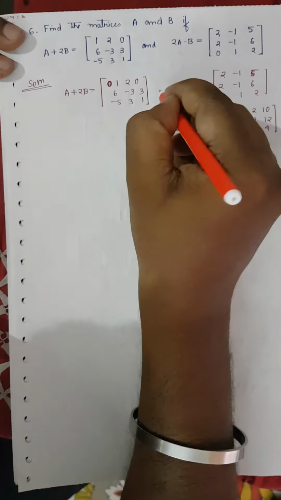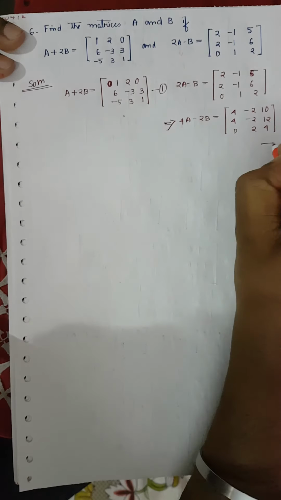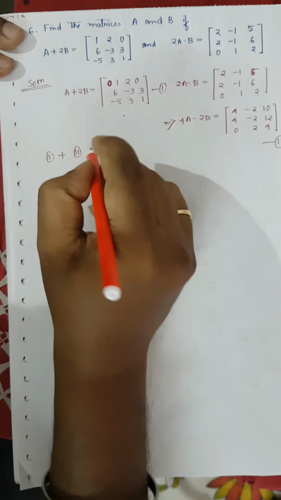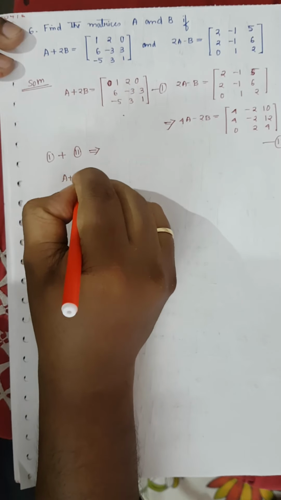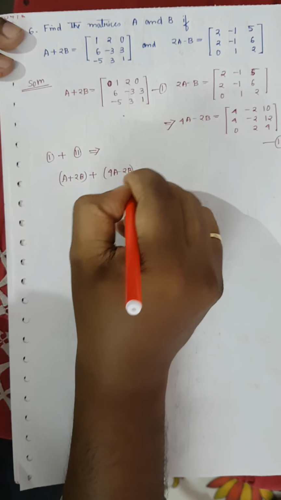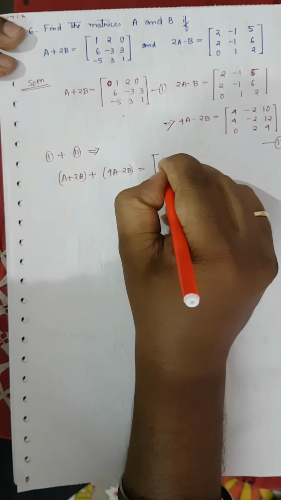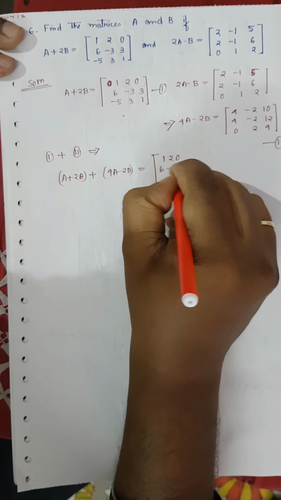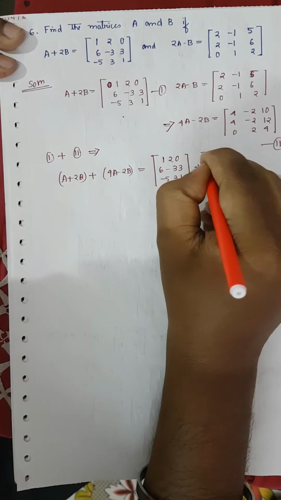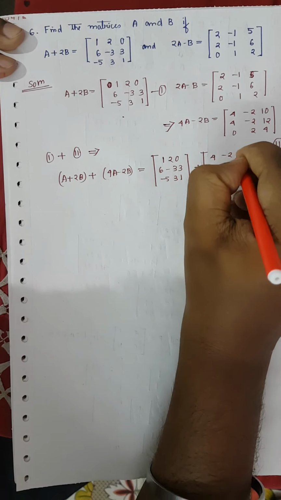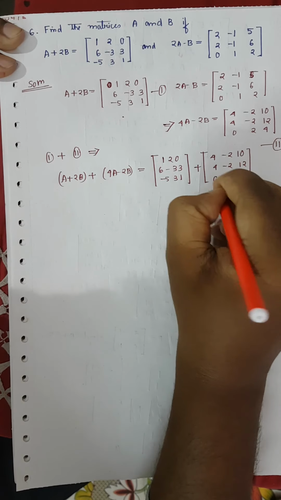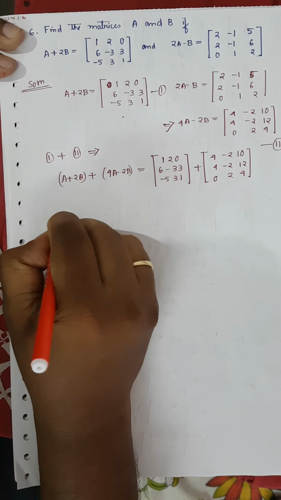So this is my number 1 equation, this is my number 2 equation. If I add 1 and 2, we get A plus twice B plus 4A minus twice B. So [1 2 0; 6 -3 3; -5 3 1] added to [4 -2 10; 4 -2 12; 0 2 4].